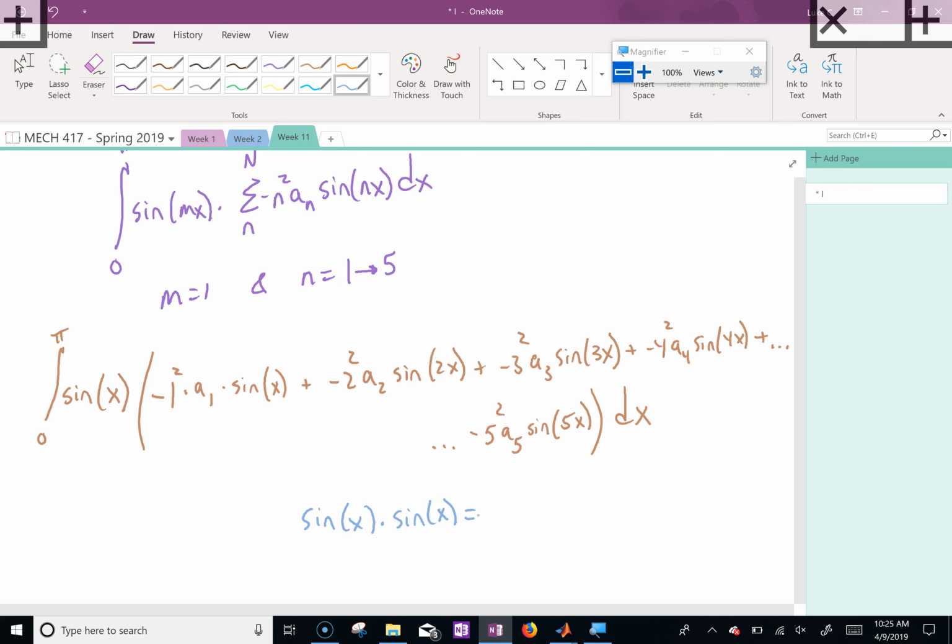Sine 2 times sine 2. Oh, that's not the same thing. It should be the same thing. Maybe 2 doesn't work. You should get pi over 2. Oh, sorry. That's not right.